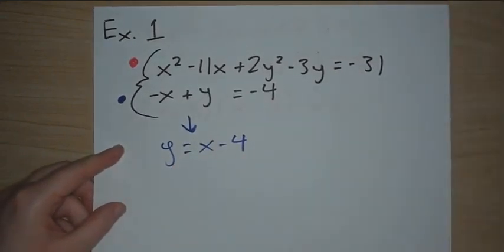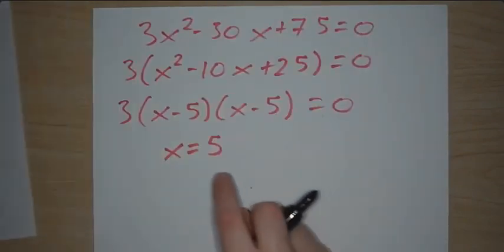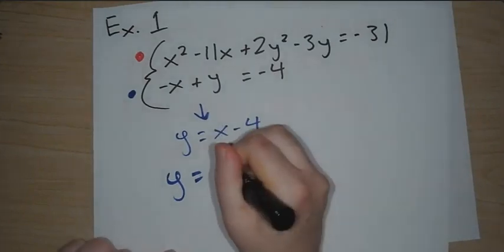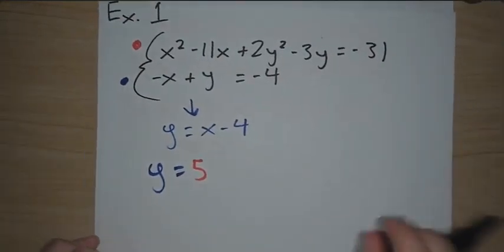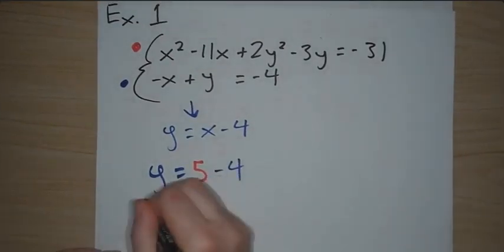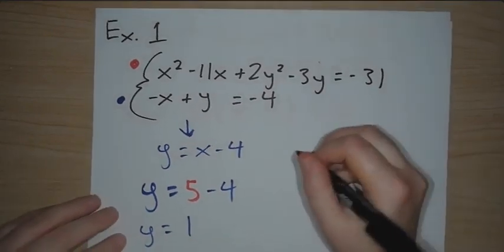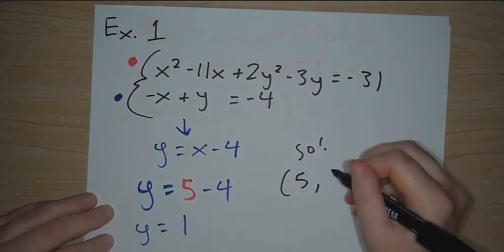So y is equal to x, which is 5, minus 4. So y is equal to 1, which means we have a solution where x is 5 and y is 1.